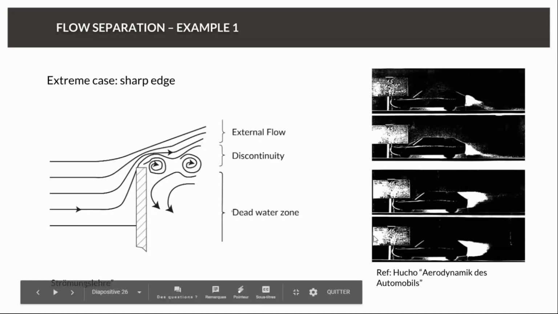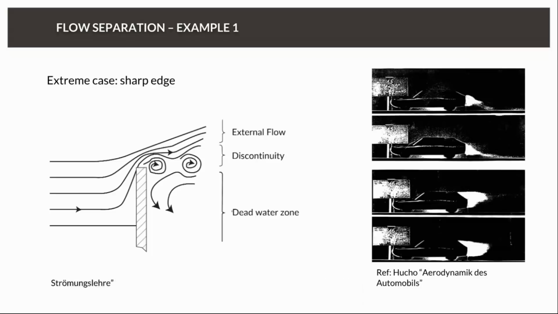And if you look at different cars with different back angles, when the angle is not so steep, the flow will remain attached because the pressure gradient from the curvature of the wall is not enough to separate the flow.